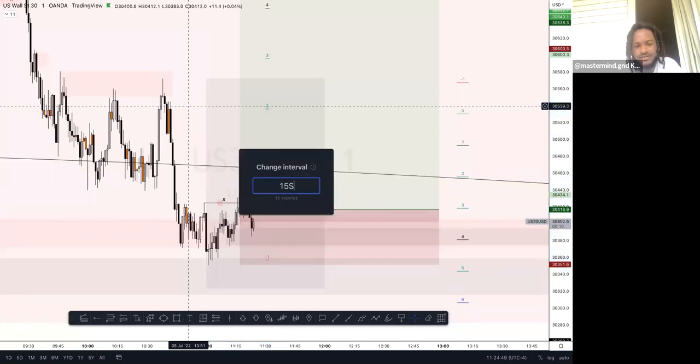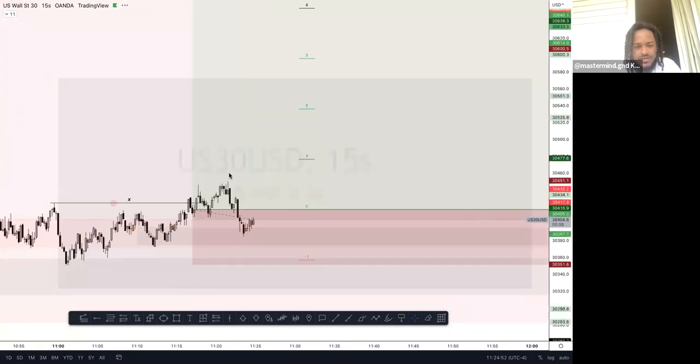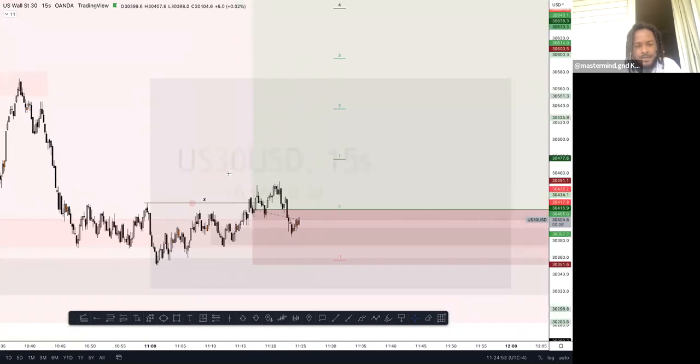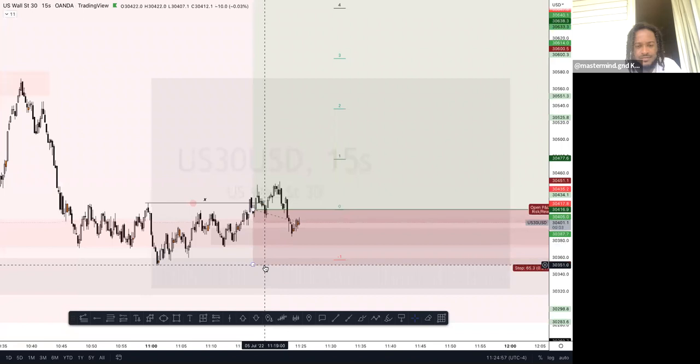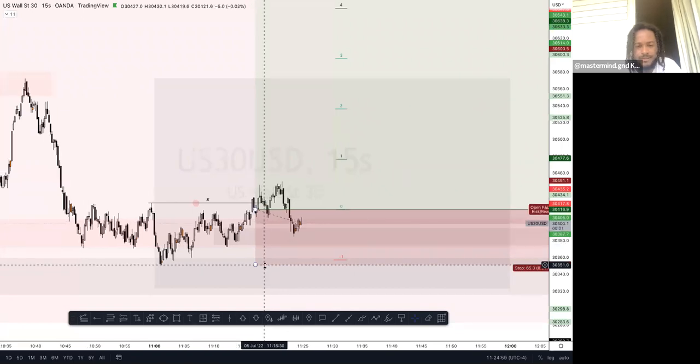The trade is valid until the stop loss gets hit, right? So unless the stop loss gets hit, I'll exit the trade.